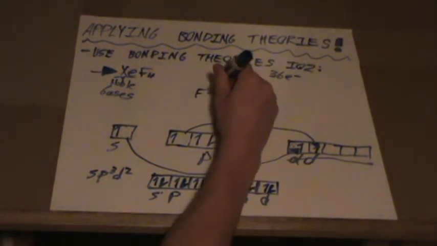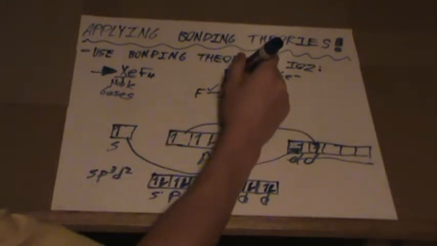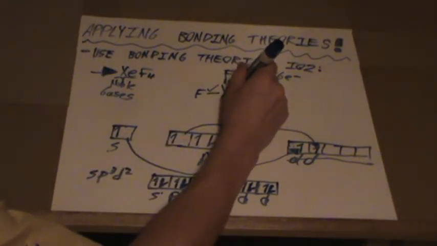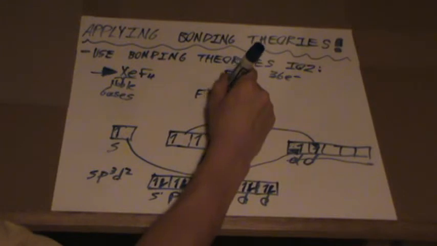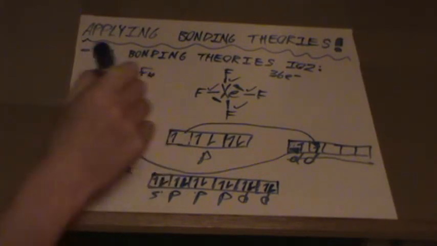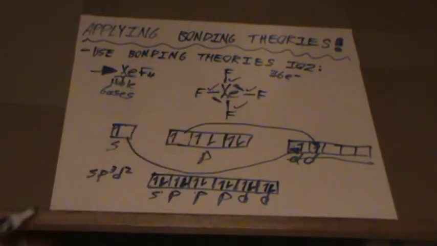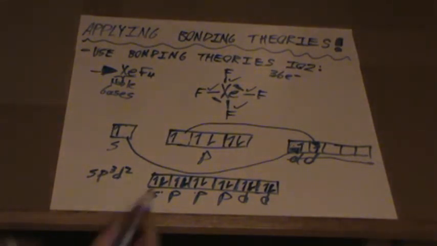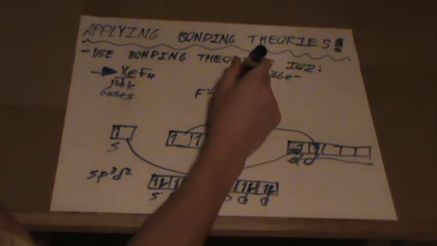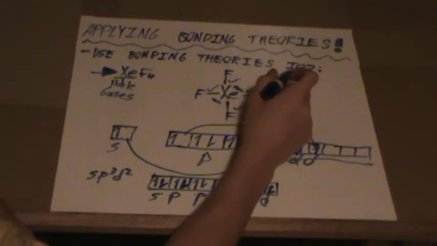This, and this. And then these two middle P's will represent lone pairs of electrons. Lone pairs of electrons that are also in hybrid orbitals, and they would be sigma bonds if they were bonded to other things. So this is exactly what this geometry looks like in this molecule.